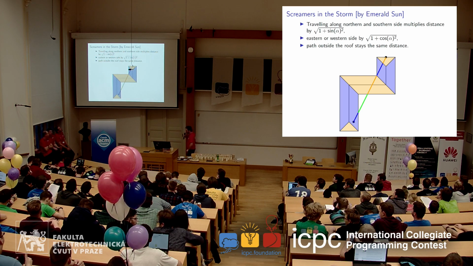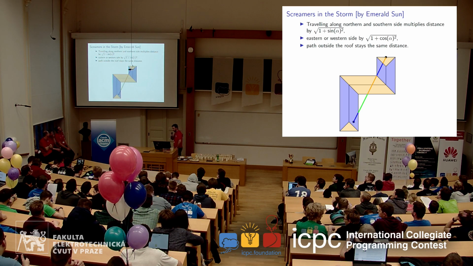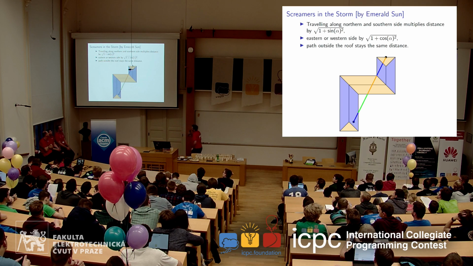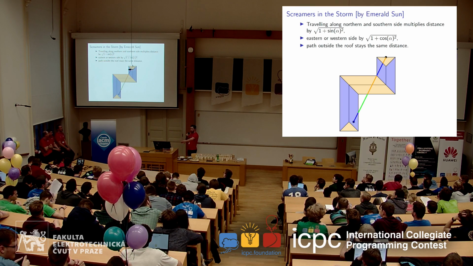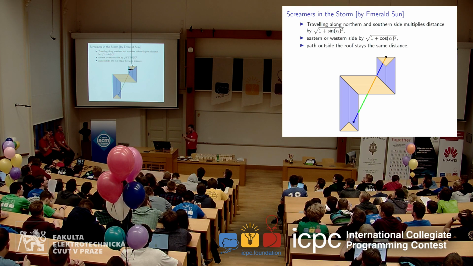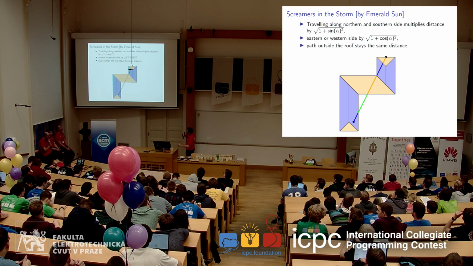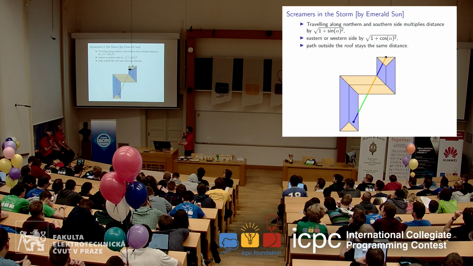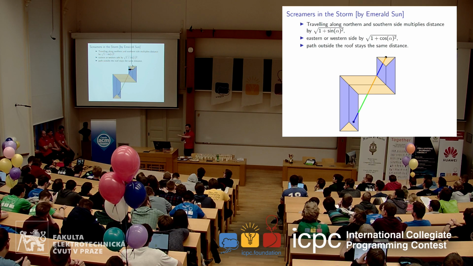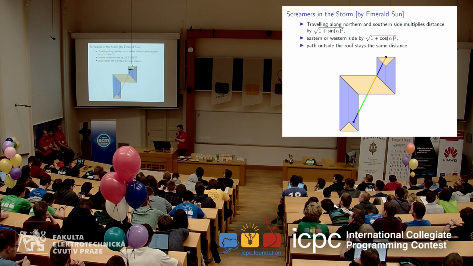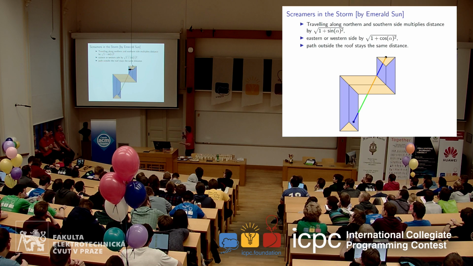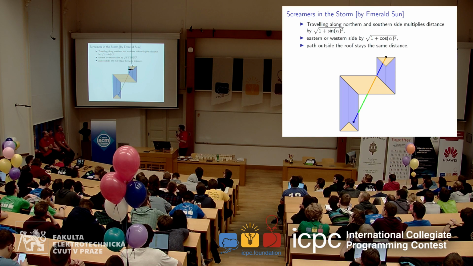One thing is that going through a side which is pointed to the north or to the south, the length you walk is multiplied by some constant according to the angle you are walking in. So this can divide the path into three parts.